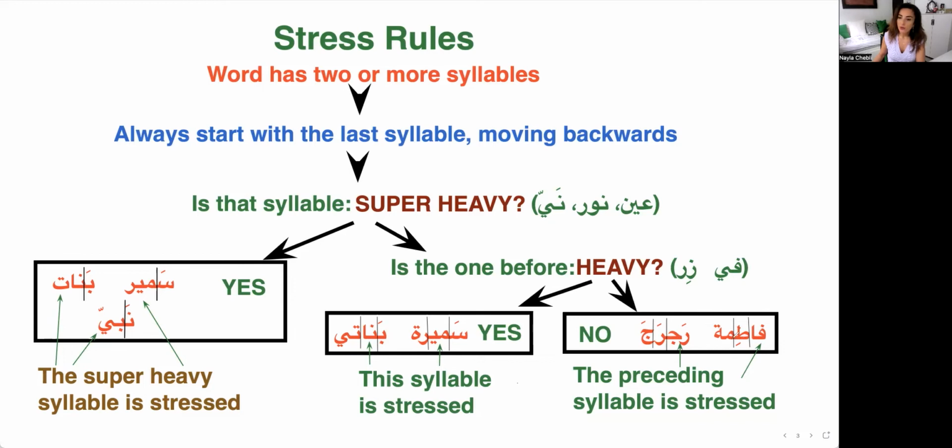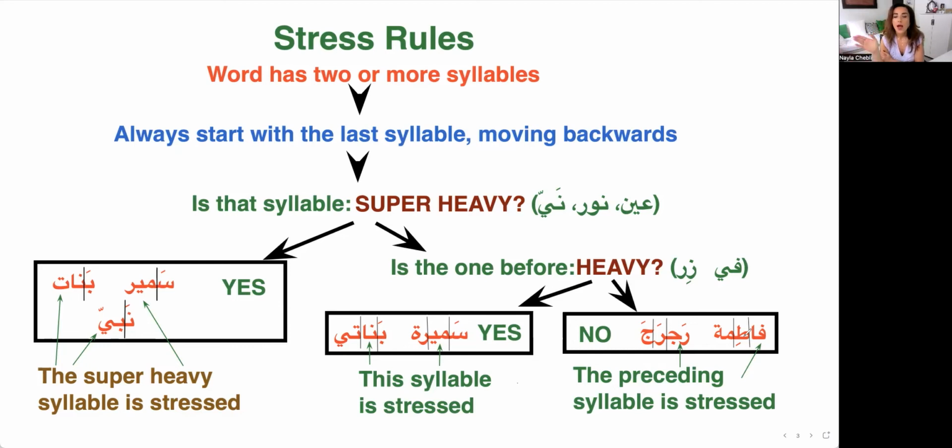I moved on to the preceding one, which is ti. Is it heavy? No, because it's made up of a consonant followed by a short vowel. It's not heavy. So my stress lies on the syllable preceding that one, which in this case is the first syllable of the word Fatima.